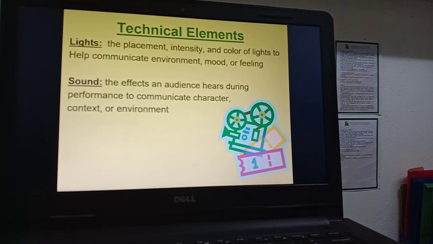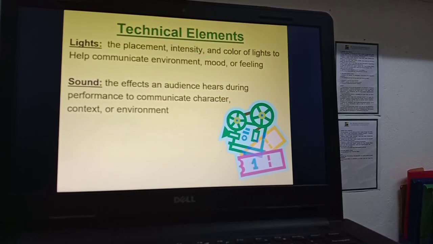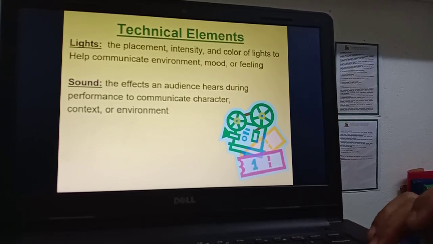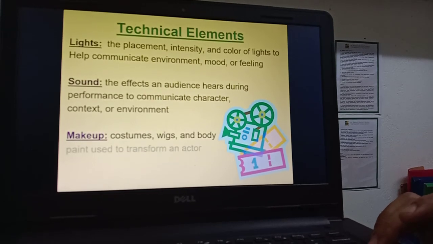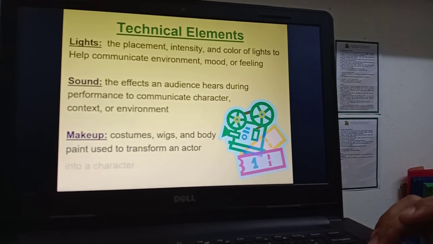So it is an example of an arena stage wherein the main actors are on the center stage and the audience surrounds the performer. The makeup, the costumes, the wigs, and body paint used to transform an actor into a character.